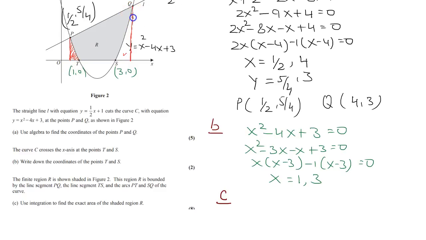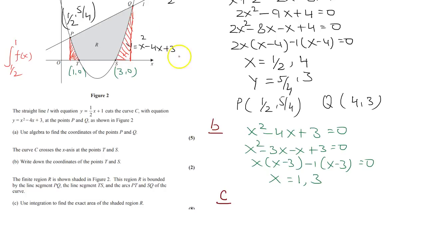Then also this area is between the curve and x-axis. So for this area, we can integrate. Now the x coordinate of P is half. So this thing is half. And coordinate of T is 1. So this is 1.